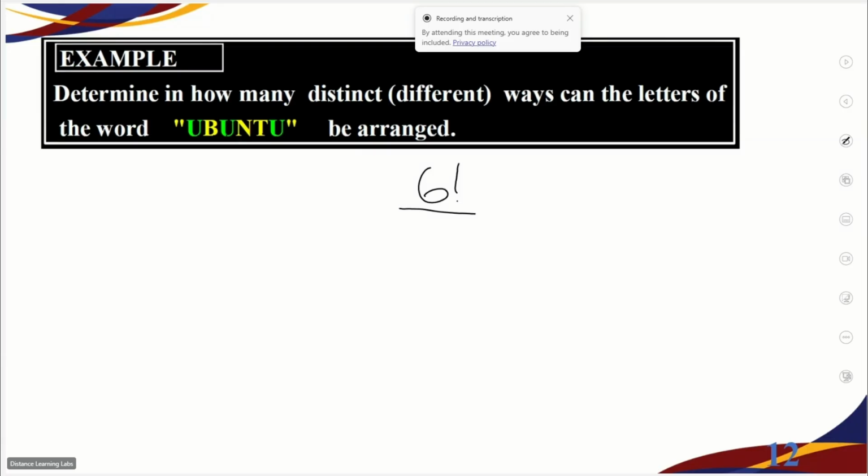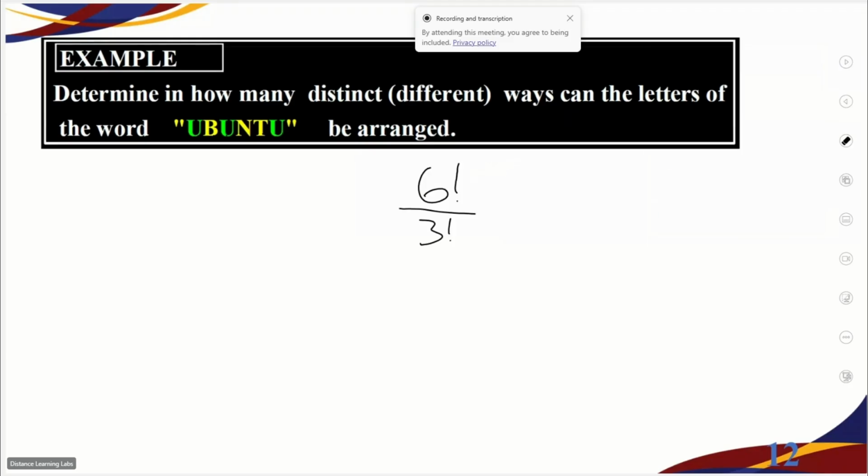Therefore, our answer would be 6 factorial divided by 3 factorial for the letter U that appears 3 times. This is the total number of ways, and this is the identical letter. Then we'll have the arrangements that are 6 factorial divided by 3 factorial.